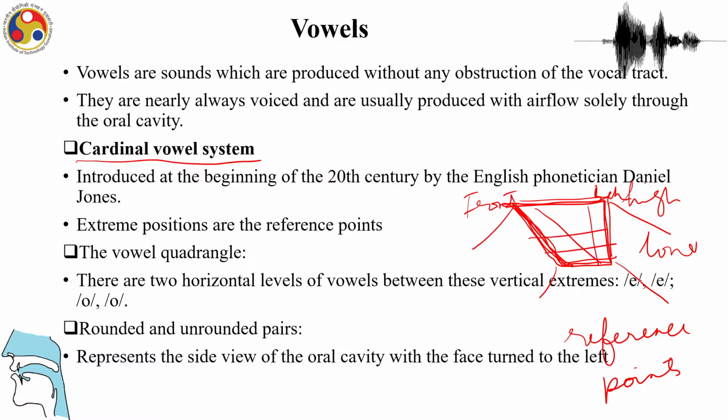And then, apart from front, back, high, low vowels, another important quality of vowels is that of rounded, unrounded.